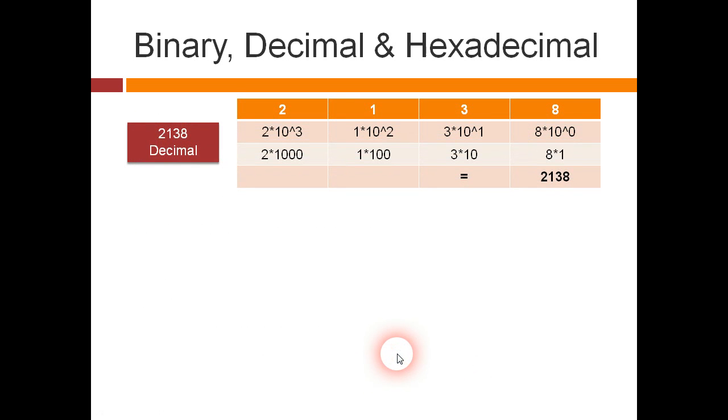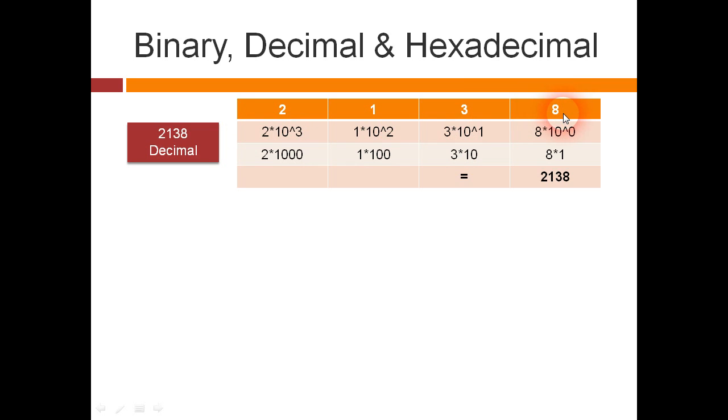So why are we talking about this? Let's look at the example of the decimal number 2138. We know these numbers and we know the value, but why this value? It totally depends on where the digit is placed in the sequence.